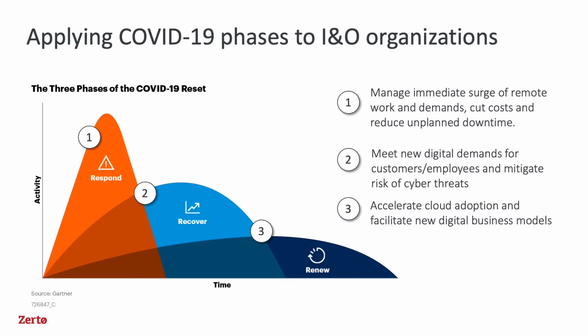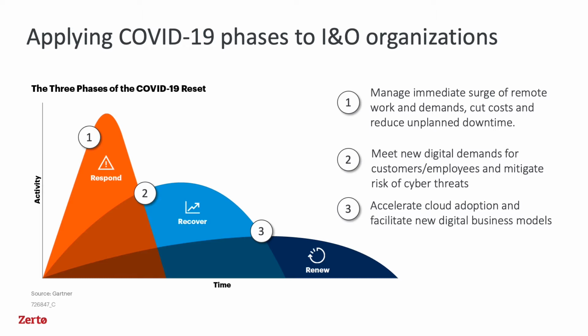Now the second phase has happened at different stages for organizations, but it's about meeting new digital demands, having to adapt, having to be agile and overcome challenges with not being able to do things physically as well. And that also includes having to mitigate risk and having to mitigate those threats specifically around cybersecurity just because of how opportunistic cyber criminals are.